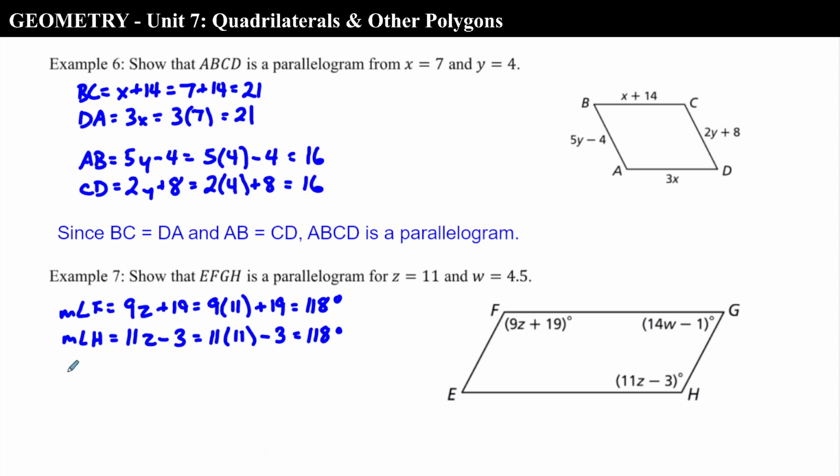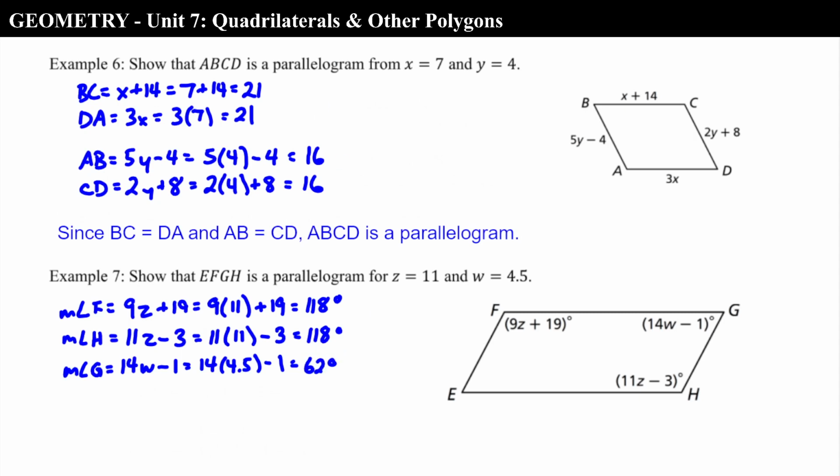And then finally, the measure of angle G. We would hope that it would be 62 degrees, because 180 minus 118 equals 62, and that would make our supplementary case be true. So we have 14w minus 1. W is 4.5, so we have 14 times 4.5 minus 1, and that does give us 62 degrees.